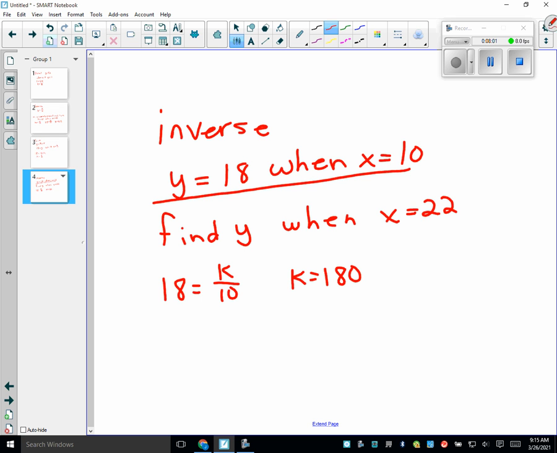So then I have y equals 180 over 22. Is that right? Okay, you did that on your calculator. I don't want it rounded, so can you give me a fraction? Yes. 90 over 11?